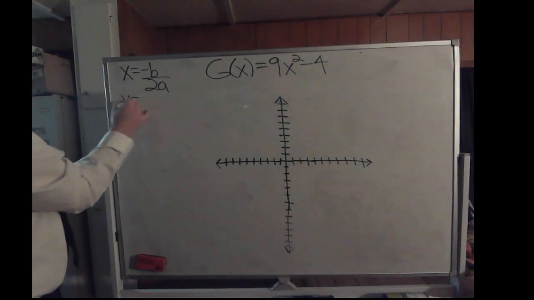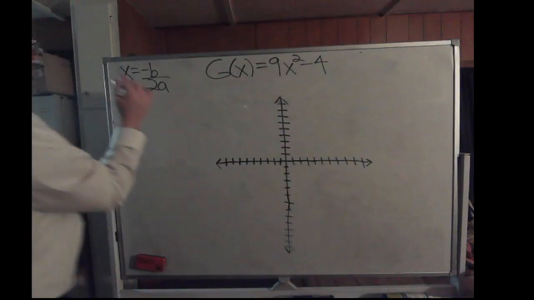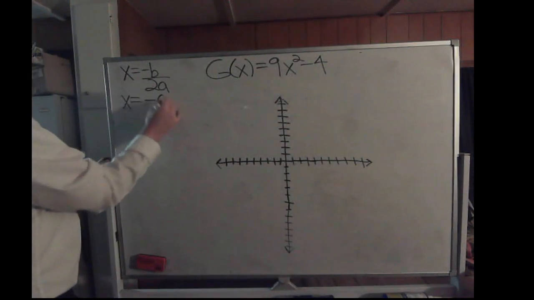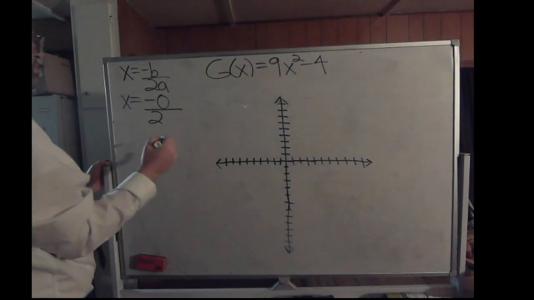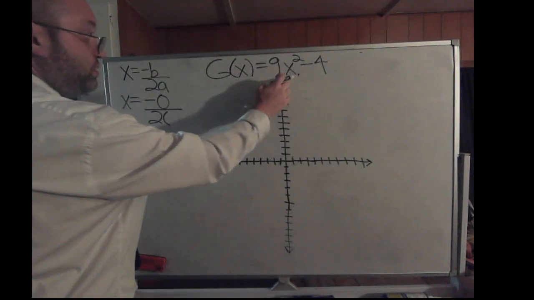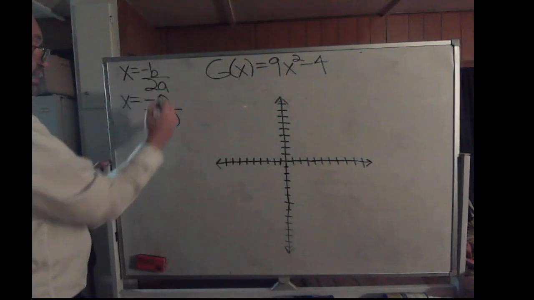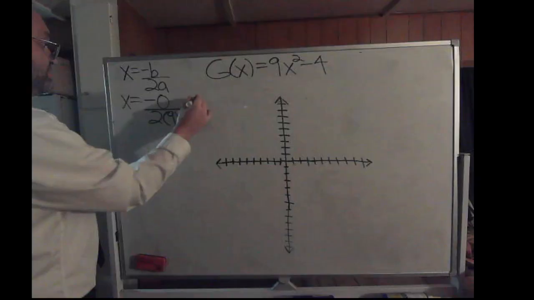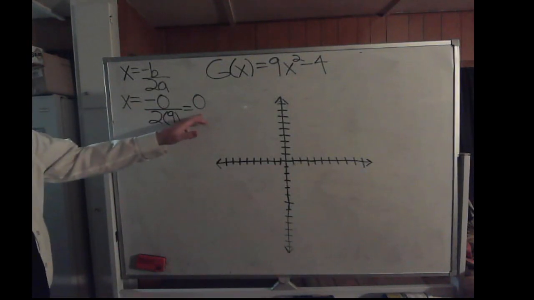In this case, there is no x to the first term, so negative b, that'd be negative 0 over 2 times your a term, the coefficient on the x squared term, that'd be 2 times 9. Well, negative 0 over 2 times 9, that's just 0. So the x-coordinate of the vertex is at 0.